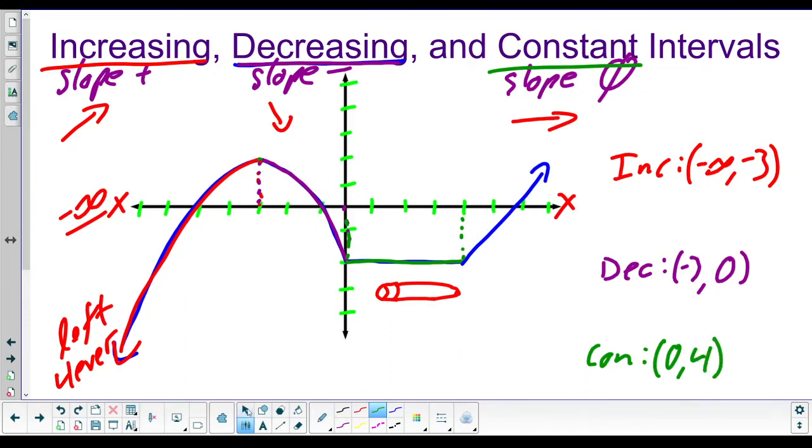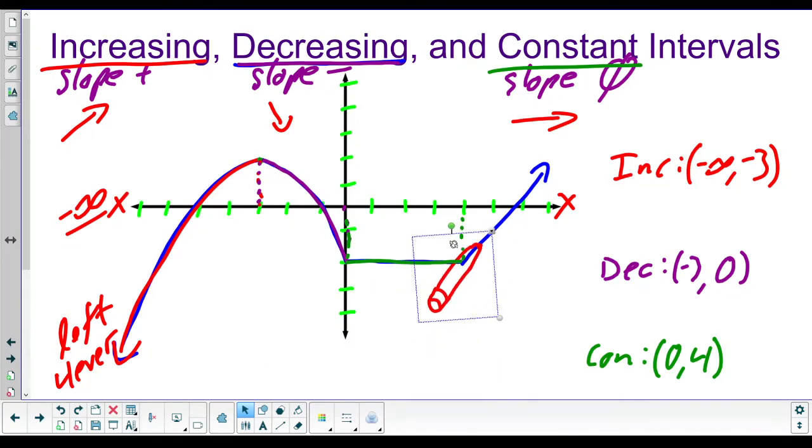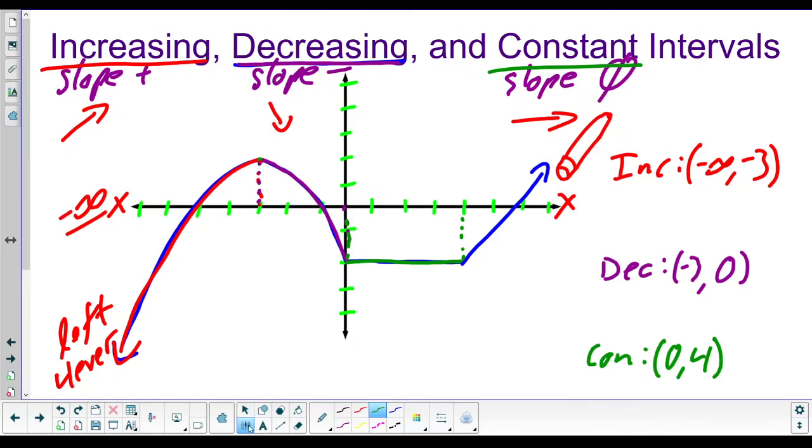And then here we have another increasing section because our pencil is going to point up to the right, and it just stays that way. And it goes to an arrow. So this section would be increasing, and the arrow says that we continue on until infinity. So for increasing, we need to add another section. To attach a new section, we need our sticky glue to attach it.